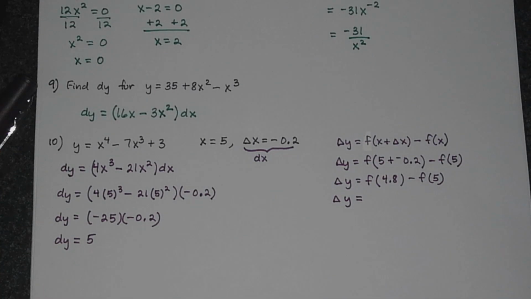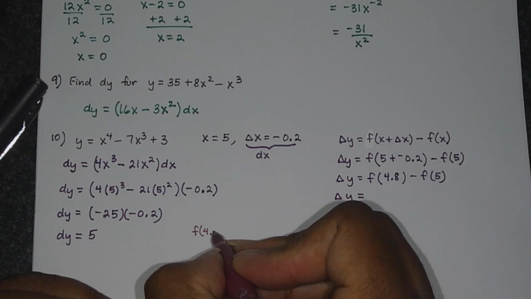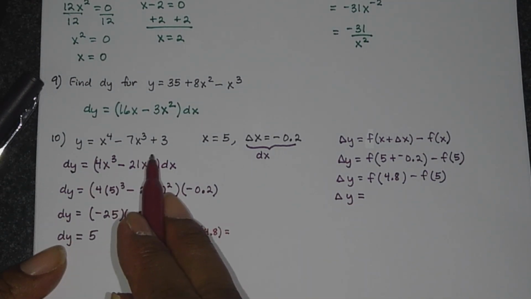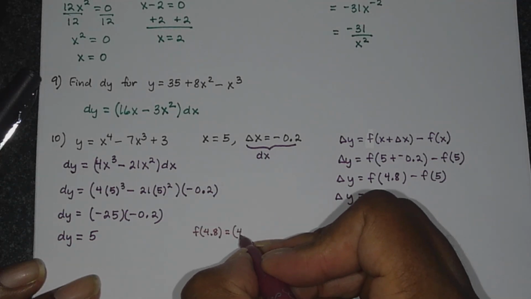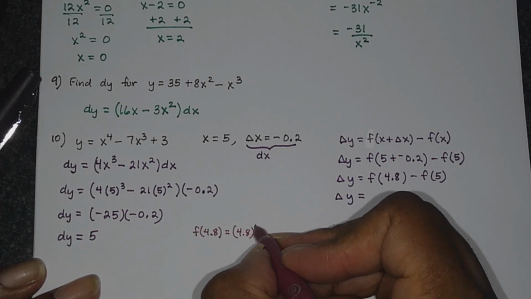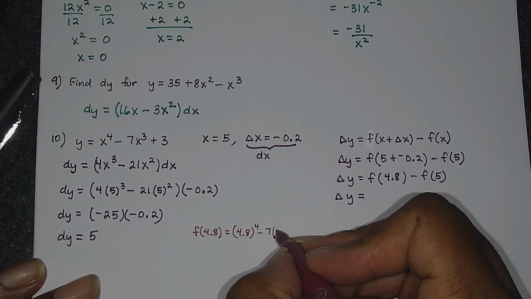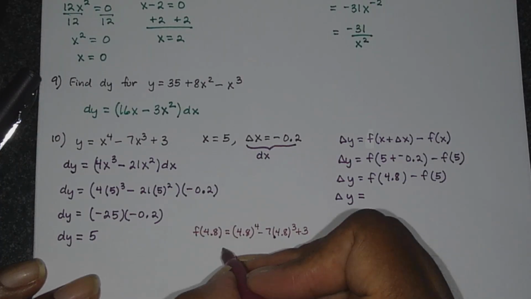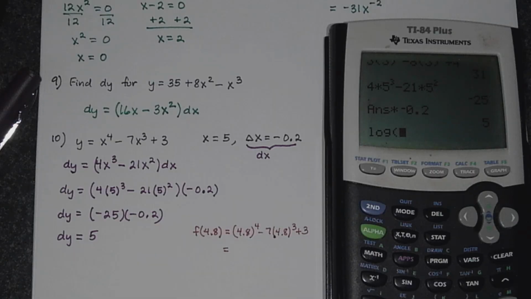And I'm going to evaluate f of 4.8 somewhere off to the side. Using this function right here, I'm going to replace every x with 4.8. So this will be 4.8 raised to the 4th minus 7 times 4.8 cubed, plus 3. And this can be done in the calculator as well.